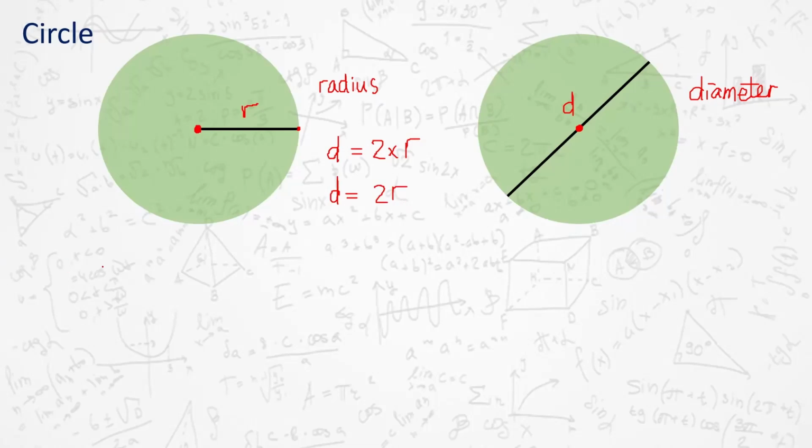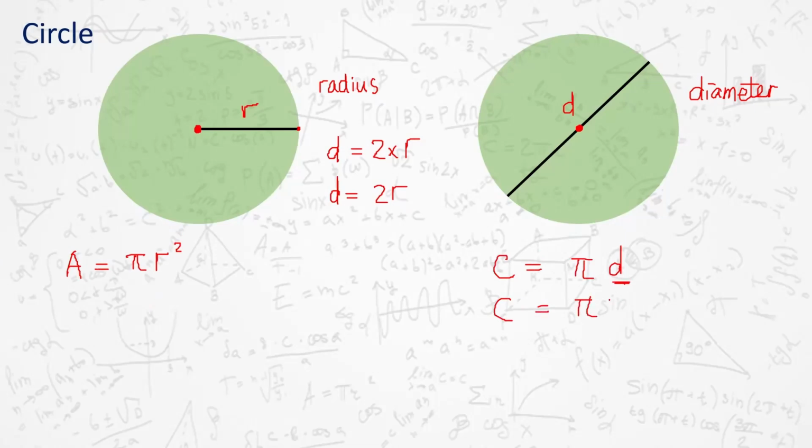To work out the area of a circle, we use pi times r squared. To work out the circumference of the circle, which is the curved length around the circle, we use pi d. Sometimes you may have seen a different formula.